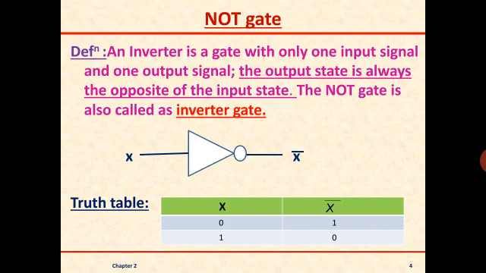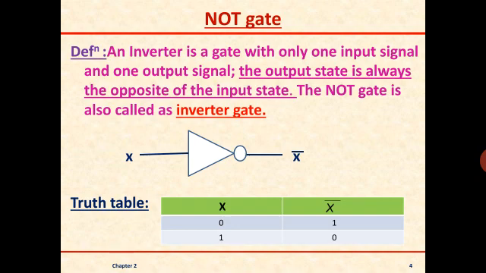So I repeat once again, students. The output state will always be opposite to the input state. Whatever input you are providing, the output will be exactly opposite to the input value. You can see in the diagram, if X is the input value, we are getting X bar as the output.